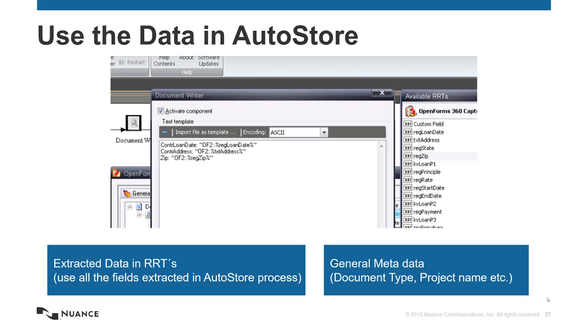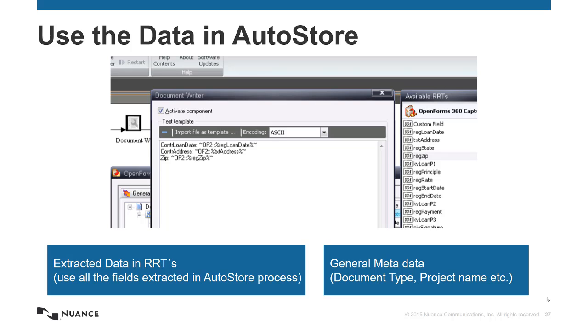When the data comes back via the OpenForms capture component, all extracted data is available as RRTs, or runtime replacement tags, that can be used within AutoStore processes and used to populate and make decisions within the business processes. There is also a number of general metadata type information that can come back.